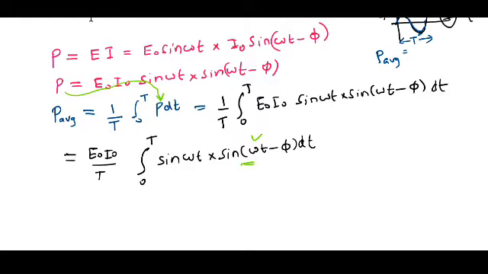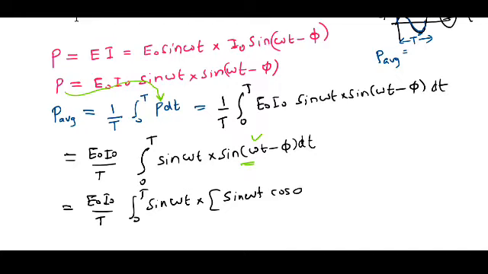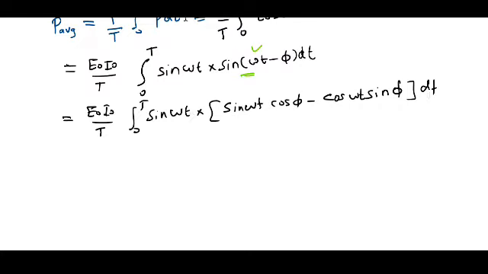In the next step I will write E0 I0 by T into the integral from 0 to T of sine omega t into [sine omega t cos phi minus cos omega t sine phi] dt. Then multiply the sine omega t with each term.